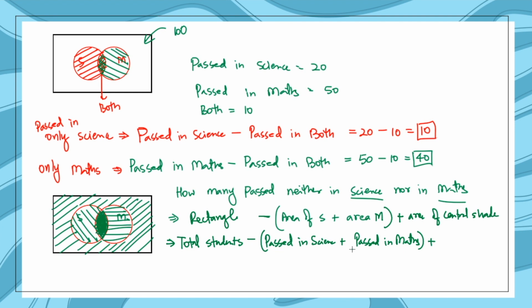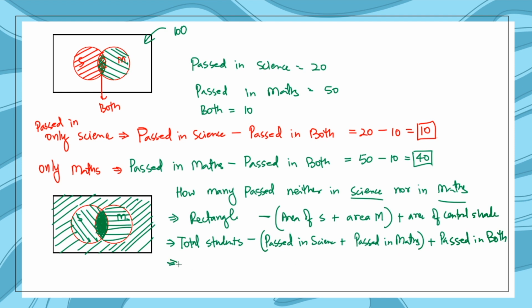And why am I adding? Again I am telling you, this central region is being subtracted two times, once while subtracting S and another time when subtracting M. So this was subtracted twice, so to correct that we have added it once. So we are adding those who passed in both.